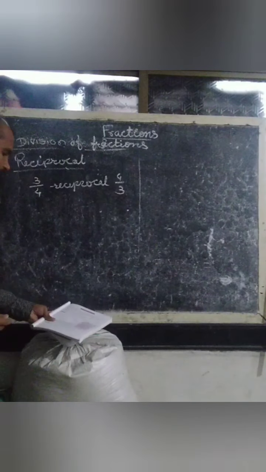It means you simply have to change the places of the numerator and denominator. The non-zero numbers whose product with each other is 1 are called reciprocals of each other. For example, 5 and 1 upon 5 are reciprocals of each other because 5 into 1 upon 5 is equal to 1.